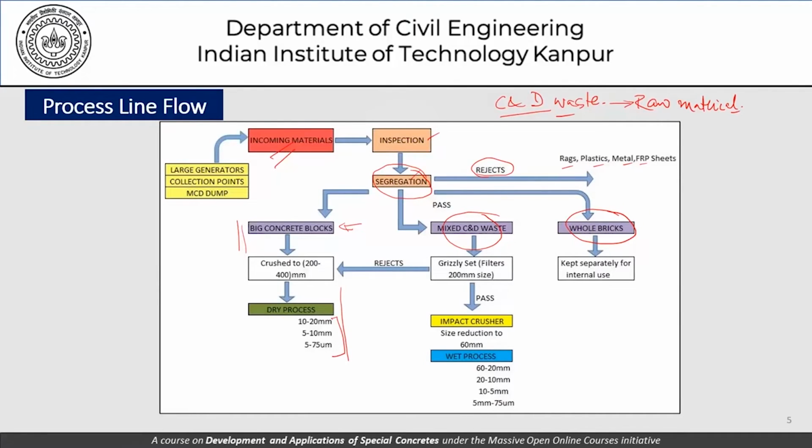So as far as these whole bricks are concerned, they need to be kept separately for internal use. That is, these bricks can be used as it is in some kind of construction. Now, coming to this mixed C&D waste, they pass through a filter, and if it is something larger than 200 mm, for example, it goes back into this side here, which is crushed.